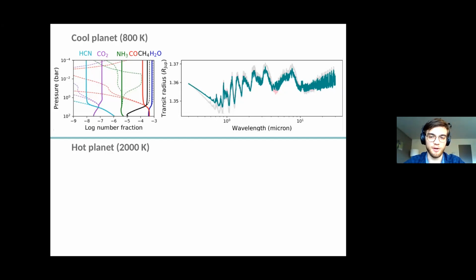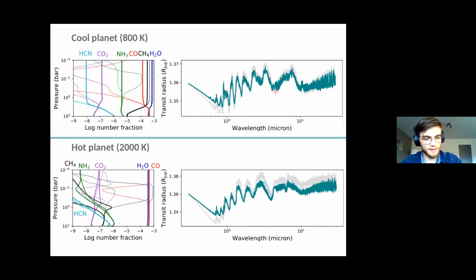On the other hand, hot planets are not horizontally homogeneous, as I said. They are in H2O and in CO, but in the other molecules, they have differences between the two limbs. And there, each spectrum looks quite different from the other.